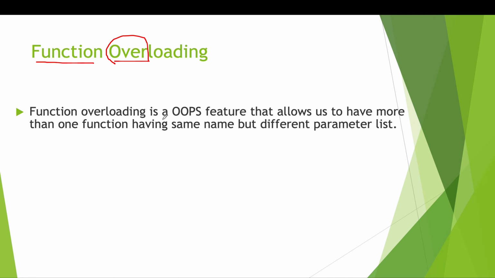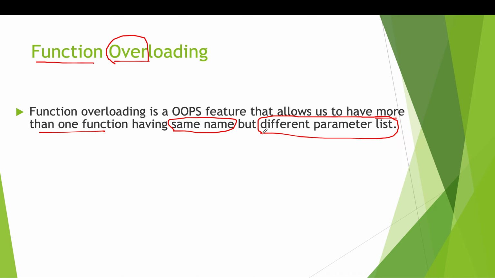So function overloading is an OOPS feature that allows us to have more than one function having the same name. This same name is something important you need to remember. So there are multiple functions, and all the functions have the same name. But how are they different? They are different in terms of the parameters that we pass to them, or you can say the input that is provided.